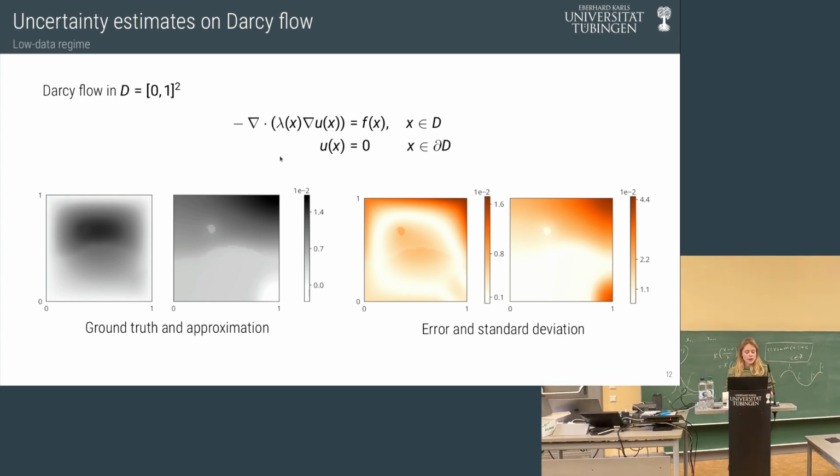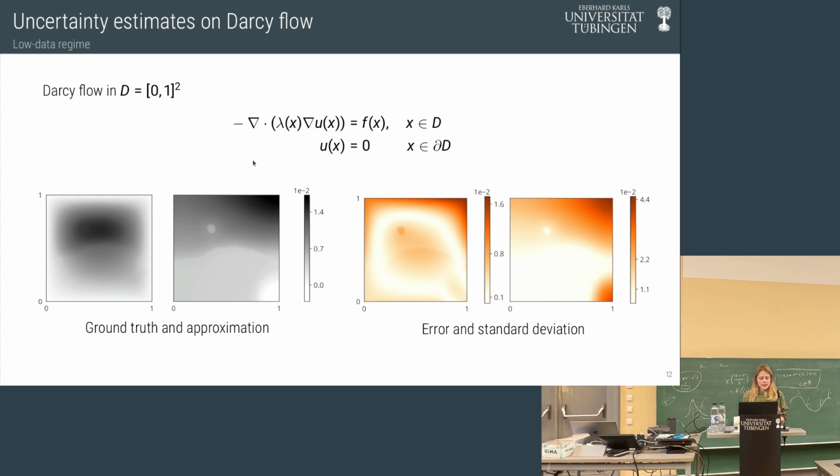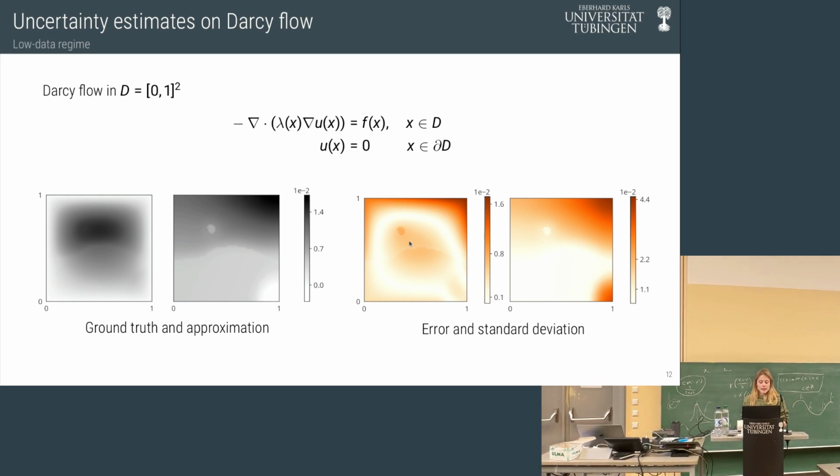And this was the case. Here we use only 3 data points, so the solution is totally wrong, but our error estimation is actually of the right size. So you can really see that the model knows that it is wrong.